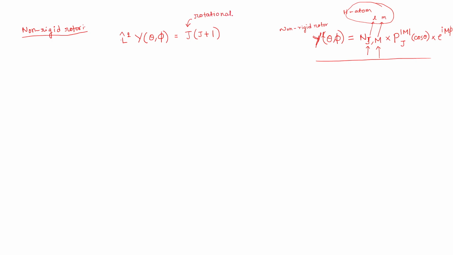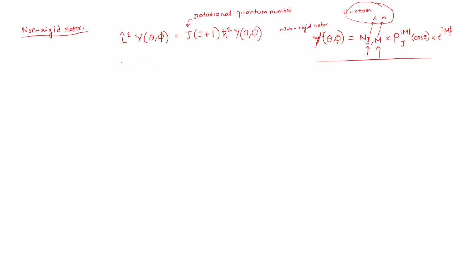Am I stating it correctly? Just correct me whenever I am making any mistake. J into J plus 1 times h bar square, and it is an eigenvalue equation, right? So it will be like this.